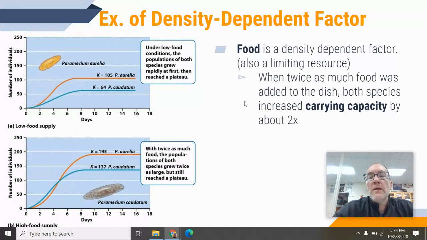When food was added, it's a density dependent factor. When twice as much food was added to the dish, both species increased the carrying capacity about twice as much. So that's an example of a density dependent variable.